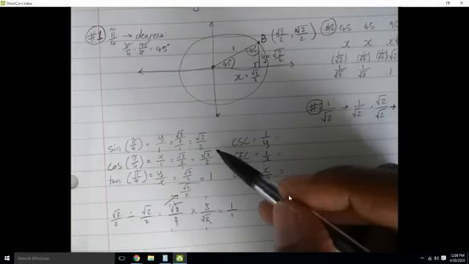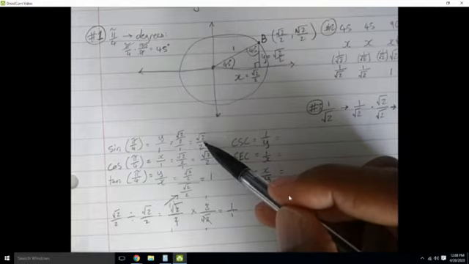The cosecant is going to be the inverse of sine. In other words, you take this number and you turn it upside down. So if you turn this number upside down, you'll end up with 2 over root 2.